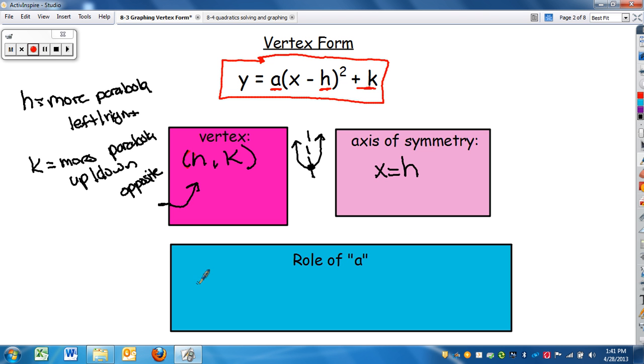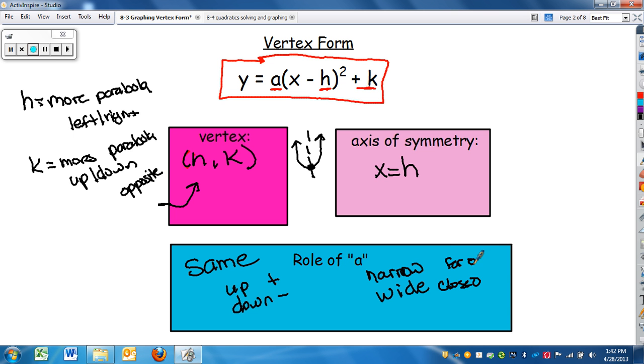The role of a is the same. This a is the same in all three forms. That's how important a is, that it shows up in all three forms and does the same thing. It makes it open up or down, positive or negative, and it's going to be narrow, which grows fast, or wide, which means it grows slow, depending on whether it's far from 0 or close to 0.